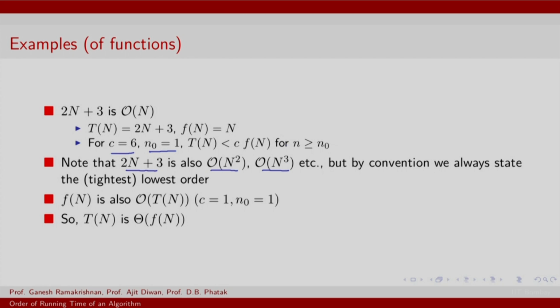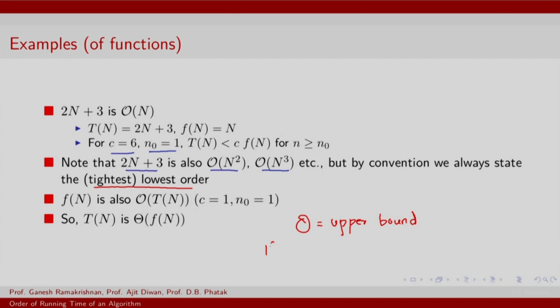But what we are interested in in general is the tightest or lowest order. Note that O was basically an upper bound. While you can get arbitrary upper bounds, upper bounds of upper bounds for a function Tn are also upper bounds.